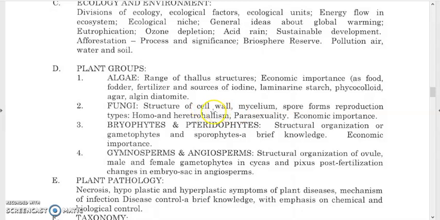Fungi: structure of cell wall, mycelium, spore forms, reproduction types, homo and heterothallism, parasexuality, economic importance.